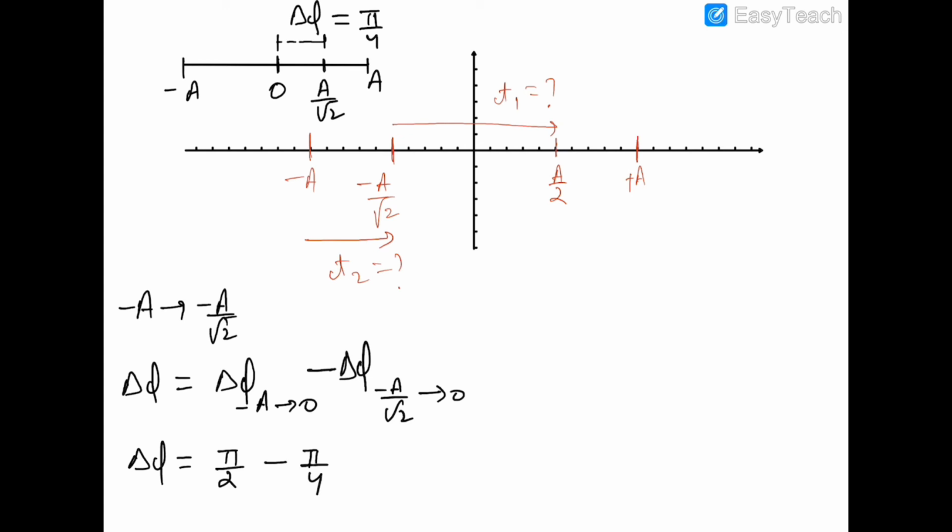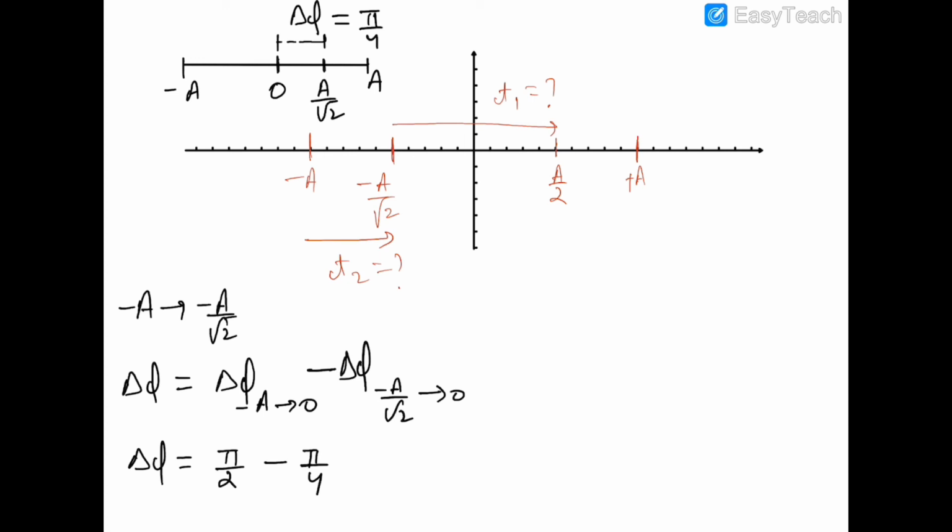Because we have already discussed that the change of phase when the particle is moving from 0 to a by root 2 is the same as the change of phase when the particle is moving from a by root 2 to 0. And the change of phase when the particle is moving from 0 to minus a by root 2 is the same as the change of phase when the particle is moving from minus a by root 2 to 0, and that is also equal to pi by 4.